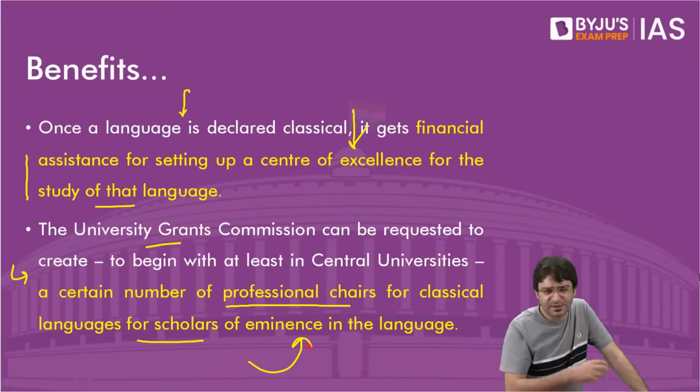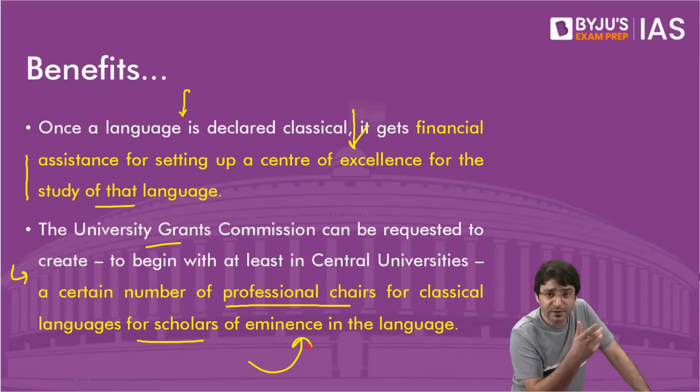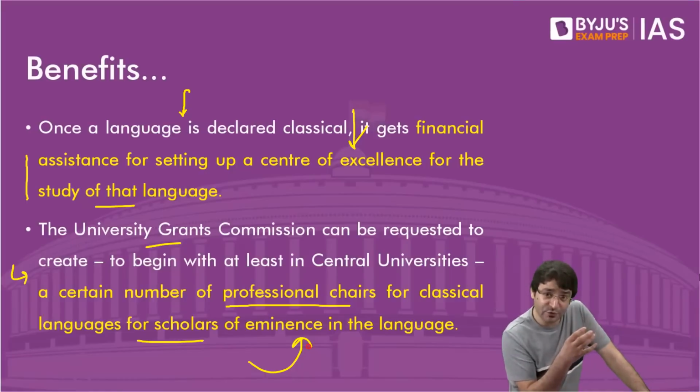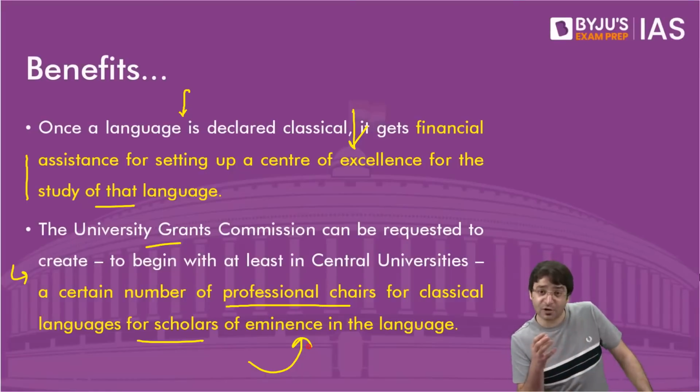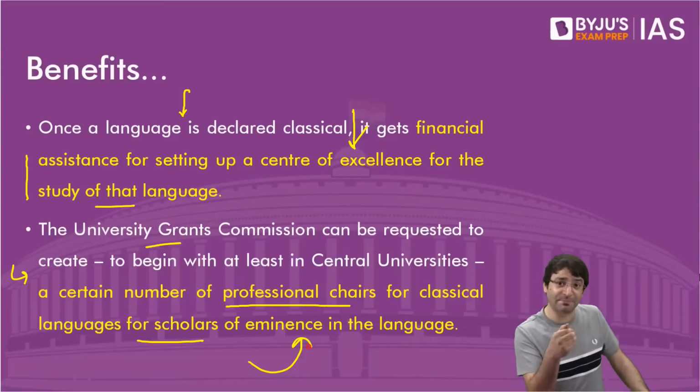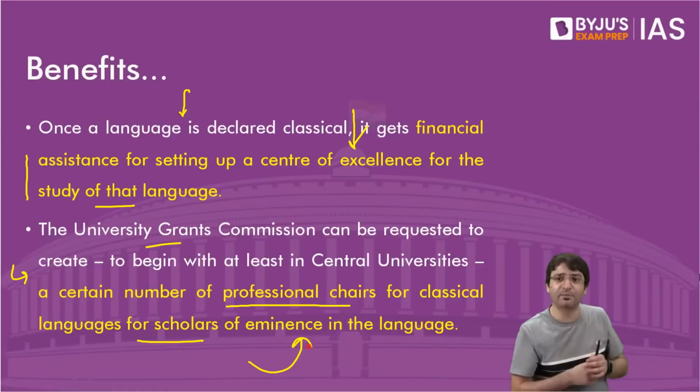Why? I will see there will be fewer takers for the Sanskrit language, which means there will be fewer students, which means there is less competition as well. Because for Sanskrit, we will have departments in all the universities in India. Fewer takers means the supply is less, but demand is good. Ultimately, I will get a better job.